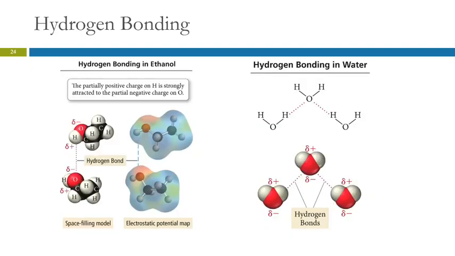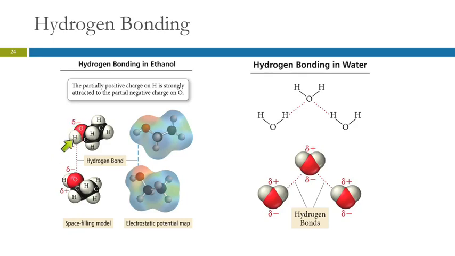So let's look at hydrogen bonding in ethanol and in water. So here we have an ethanol molecule. We've got oxygen bonded to hydrogen. So phone home, we've got the OH going on. We just need one of them. So this bond here is especially polar. The dipole moment is larger here.